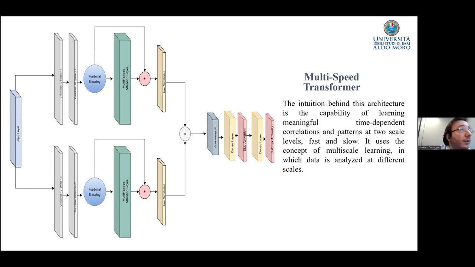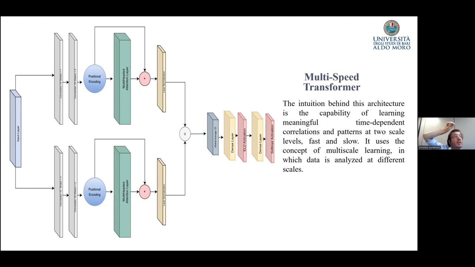Actually, the fast branch, the lower branch, is composed of a one-dimensional convolution with stride 3, followed by another one-dimensional convolution with dilation rate 2, positional encoding, and multi-headed attention. The residual is then connected, followed by layer normalization, and then it's concatenated with the upper branch.